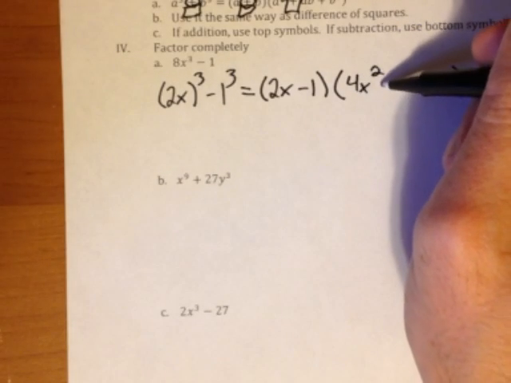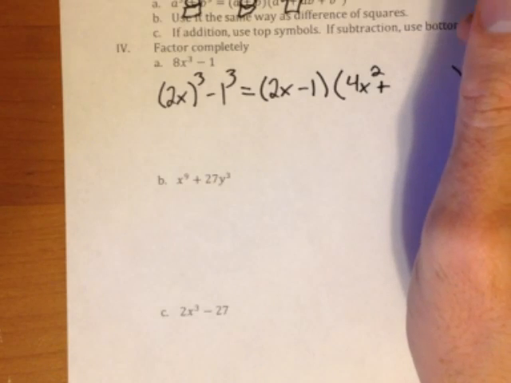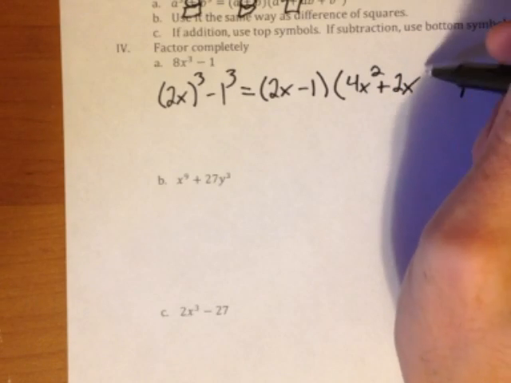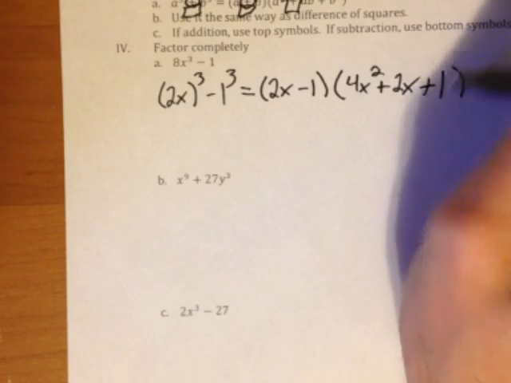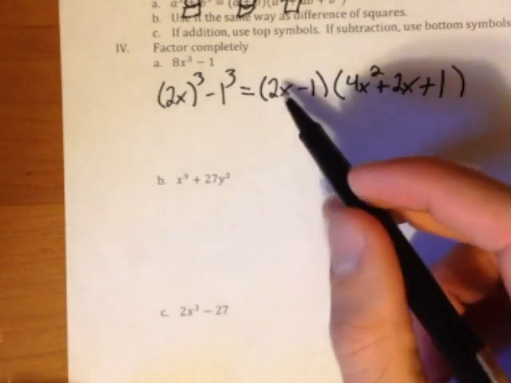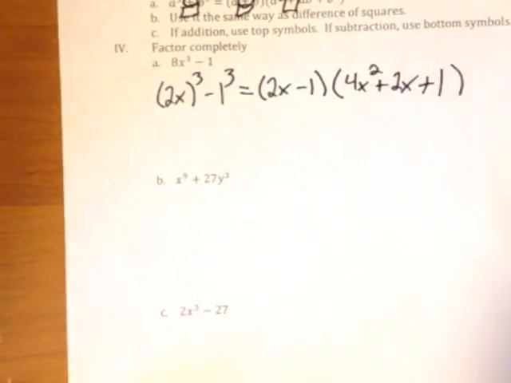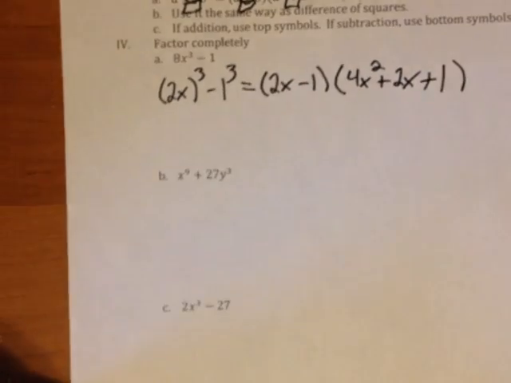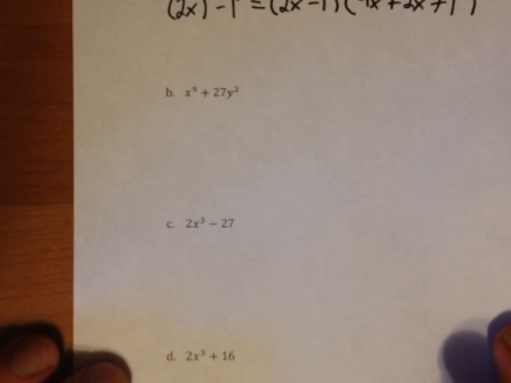We're still using bottom symbols, plus a times b, 2x times 1 is still 2x, plus b squared. 1 squared is 1. Go ahead and multiply this back out if you feel like checking your answers, but we are going to get 8x cubed minus 1 when we multiply things back out.